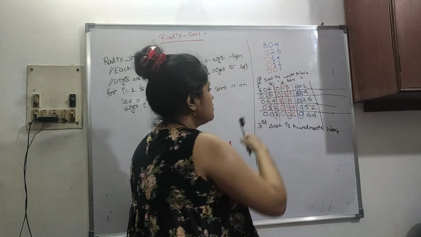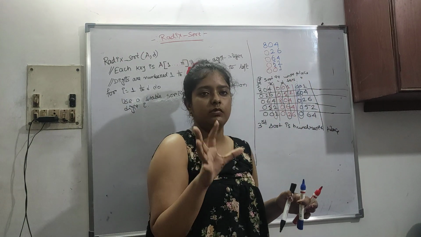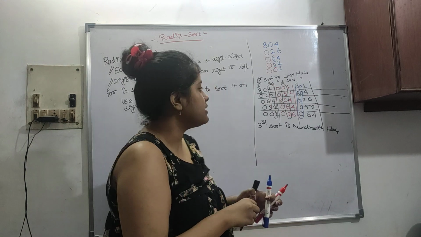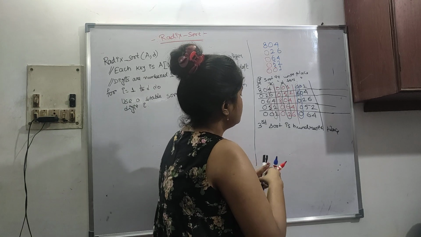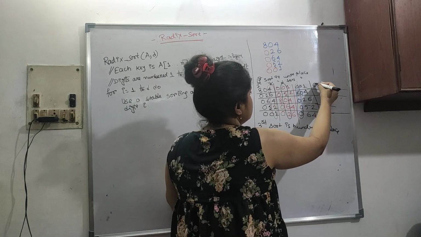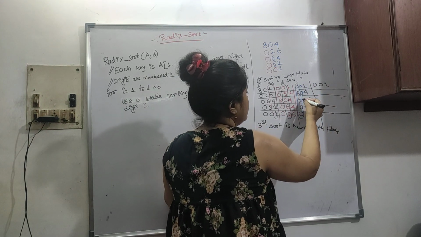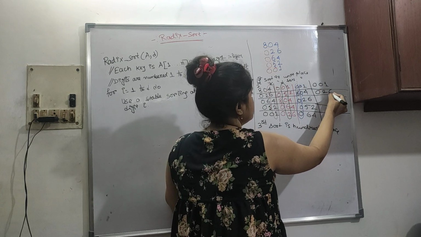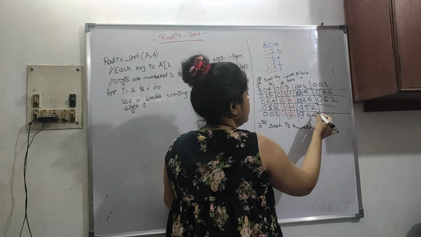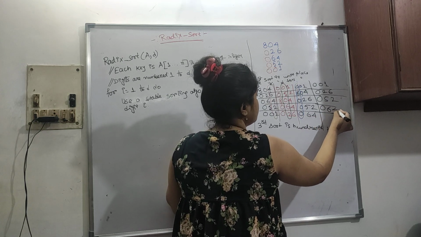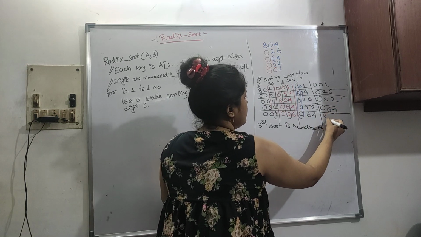Here 3 digits are there; 4 or 5 digits can be present in other cases. Now we have to check this. 0 0 0 is there. So 0 0 1, then 0 2 6, then 0 5 2, then 0 6 4. Only 8 is there, so 8 0 4.